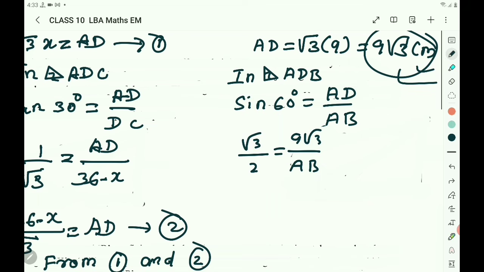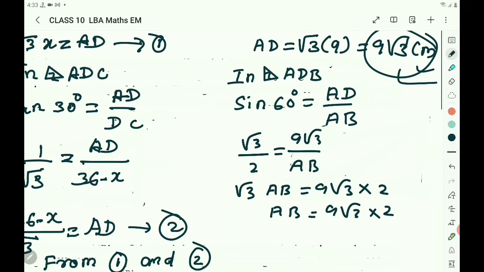Root 3 into AB equals 9 root 3 into 2. Then AB equals 9 root 3 into 2 by root 3. You can cancel root 3. We got AB equals 18 centimeter.